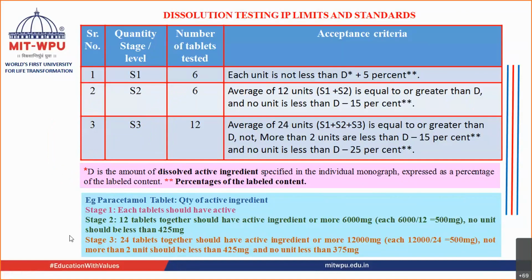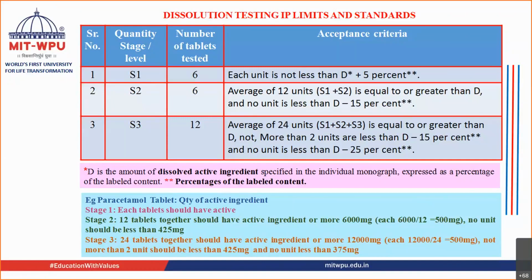Let us move further with the example. Let us take the example of a paracetamol tablet. Let us say the quantity of active ingredient is 500 milligram. So in stage 1, each tablet should have active ingredient of 525 milligram.